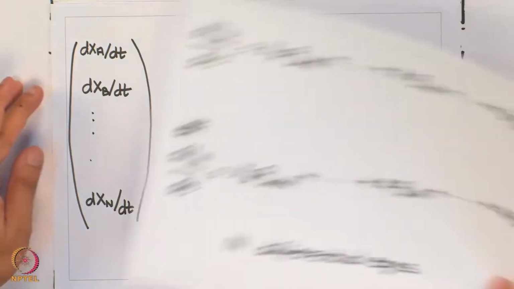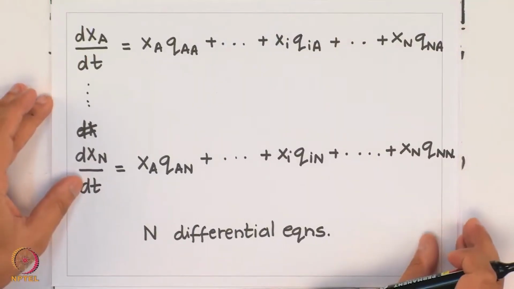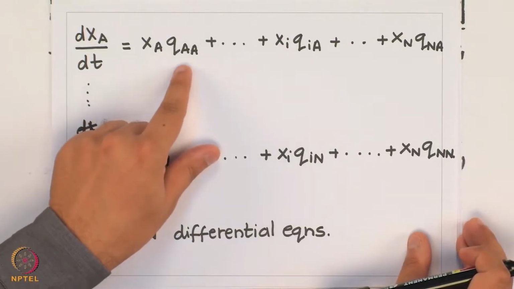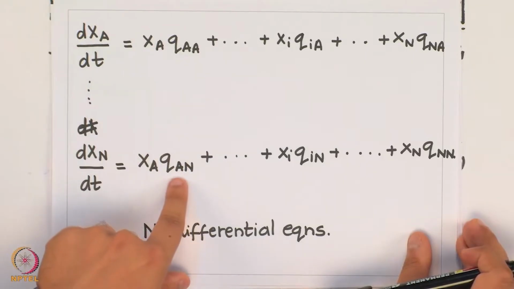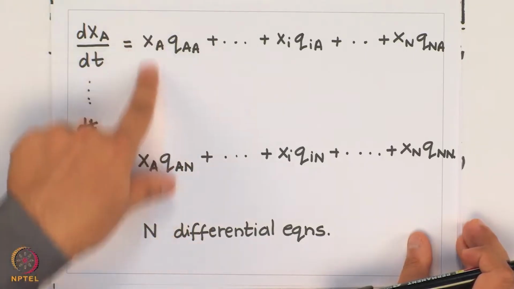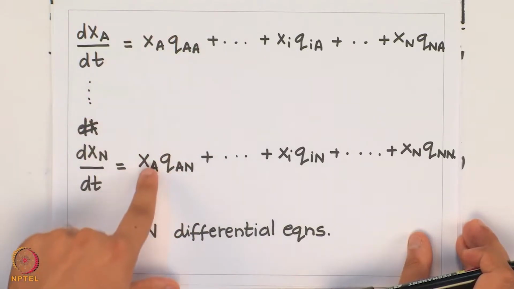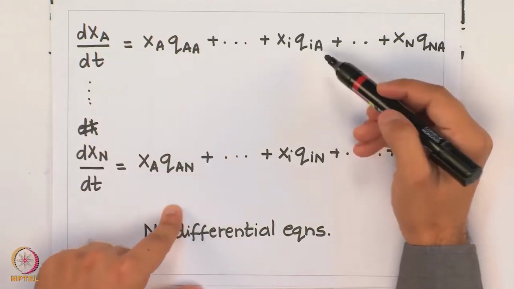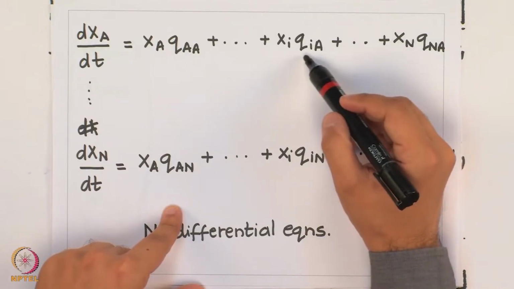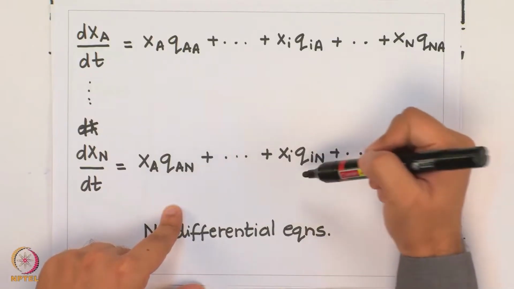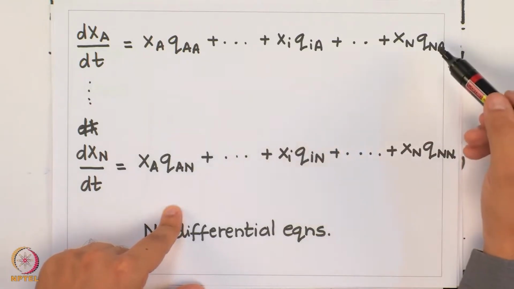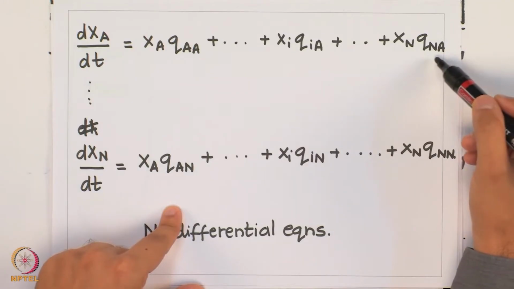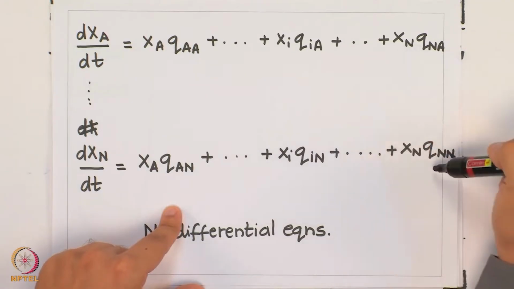What's on the right hand side? Let me take a look at my equation. I have a factor QAA multiplying with XA, but I also have a factor QAN multiplying with XA. That's the first entry for every equation. For the ith entry of every equation, I have a factor multiplying with XI, I have another factor multiplying with XI, and for the last entry for each equation, I have a factor multiplying with xN, and I have another factor which is multiplying with xN.